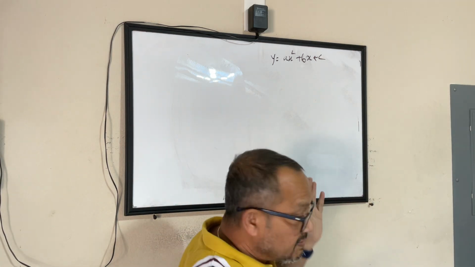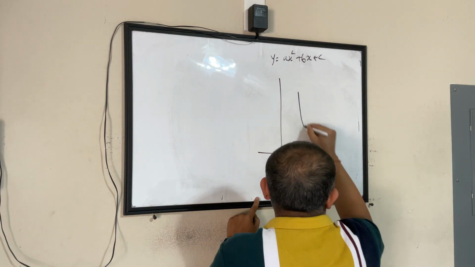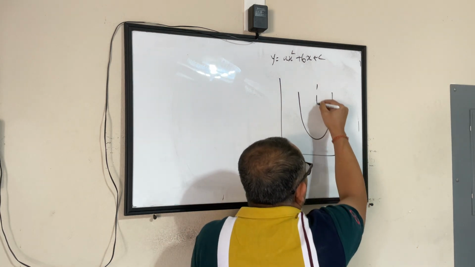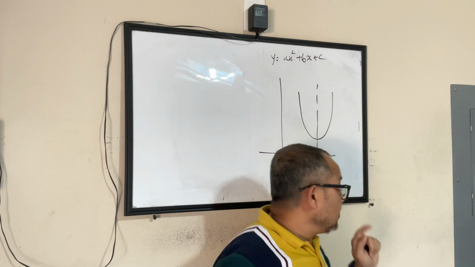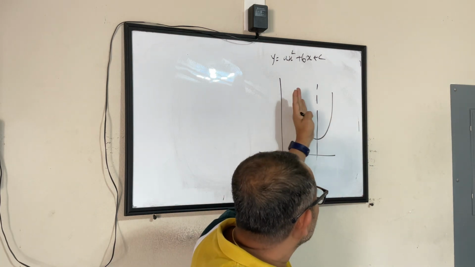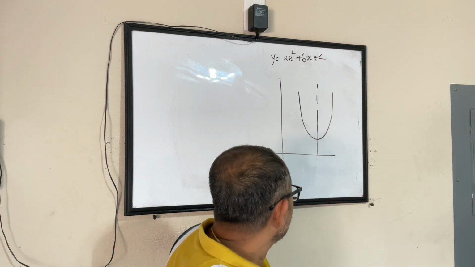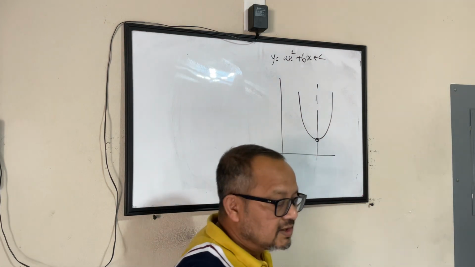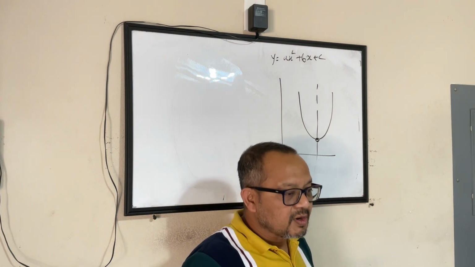But yeah, coming back to the parabola. So now we have seen that, okay, if I have a parabola, we know about the axis of symmetry, which splits the parabola into two identical parts. That is one thing we learned. The lowest point is called the vertex, or the minimum or maximum point.